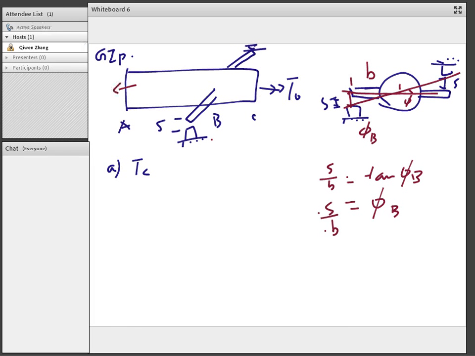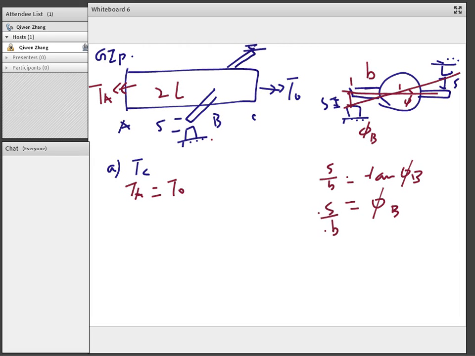Let's call TA the reaction torsion at point A. So TA is actually equal to T0, right? Let's call this distance 2L and this distance L. So phi B is just equal to TA times 2L divided by GIP, right?